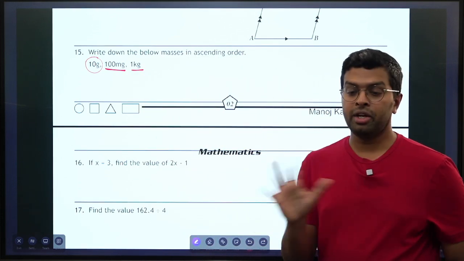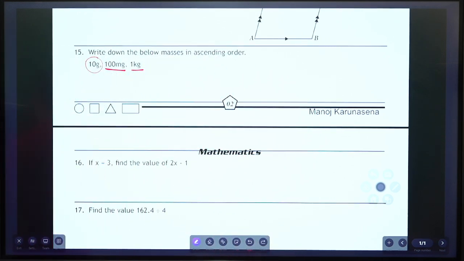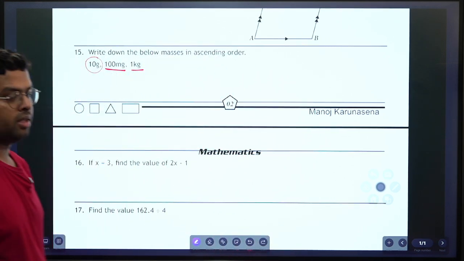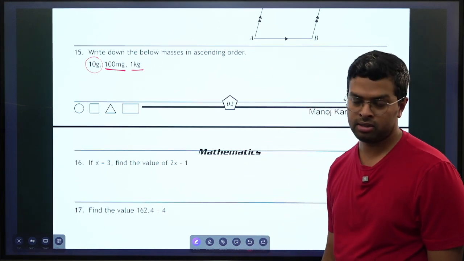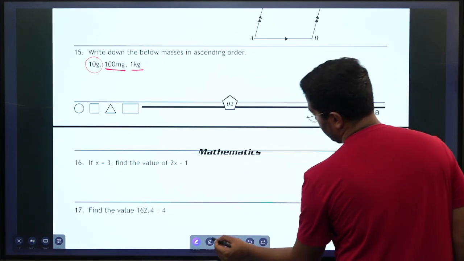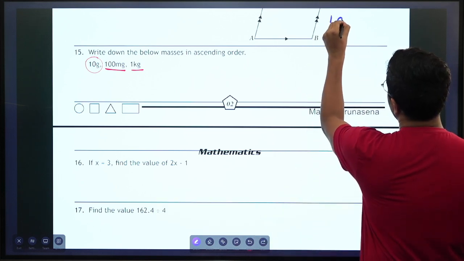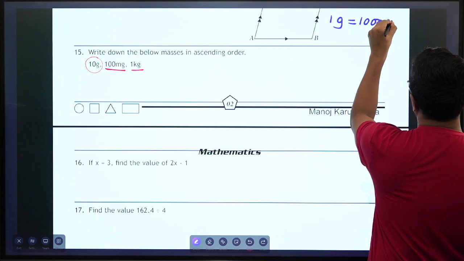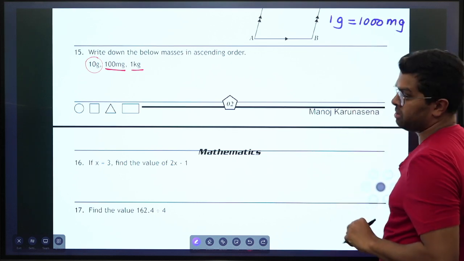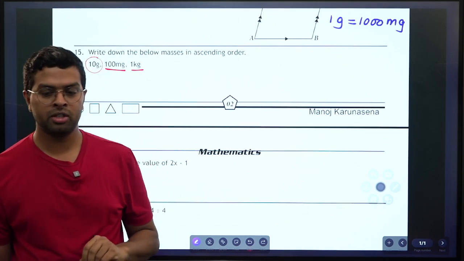So consider the relationship between the different units used to measure mass. 1 gram is 1000 milligrams.